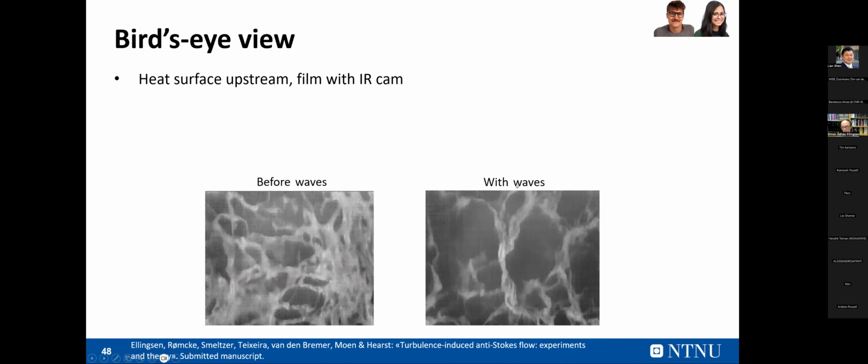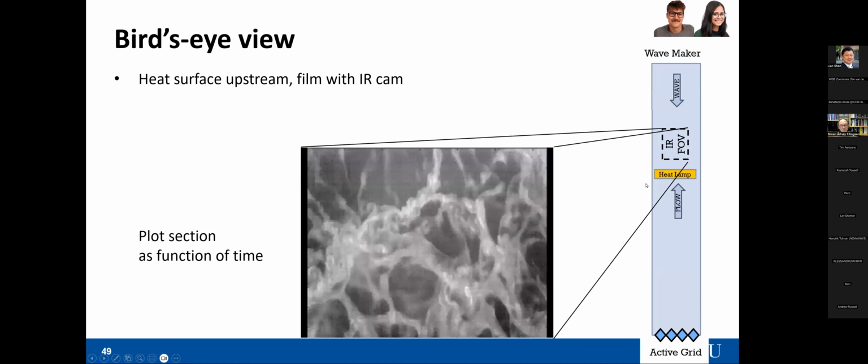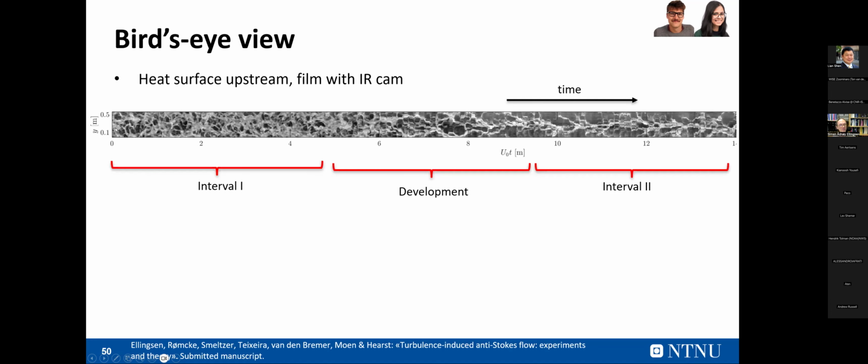So this is just a demonstration of what goes on. And I think those who are familiar with it will immediately think, well, Langmuir turbulence. It might be a question of what you call things, but it is certainly very closely related. So you see that the waves really do change the turbulence qualitatively. If you take a strip or a cross-section right across, and you plot that in time, you see the development like this.